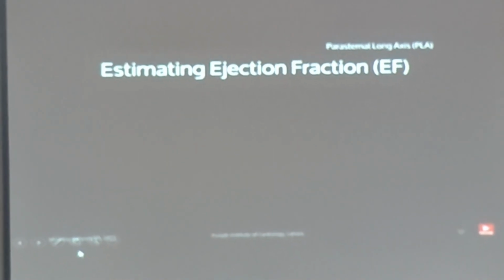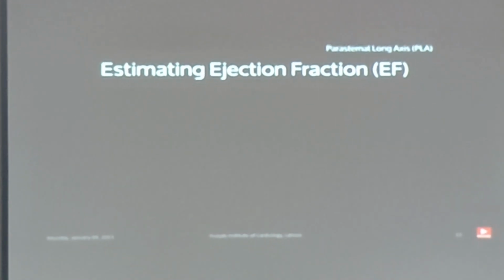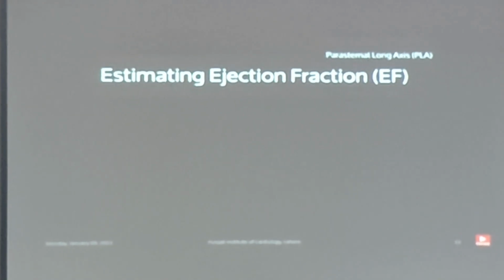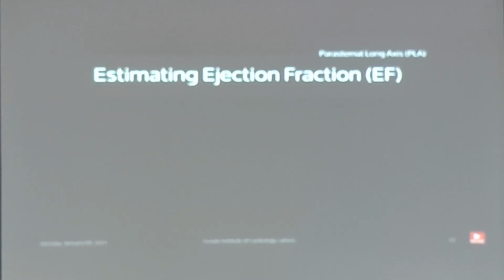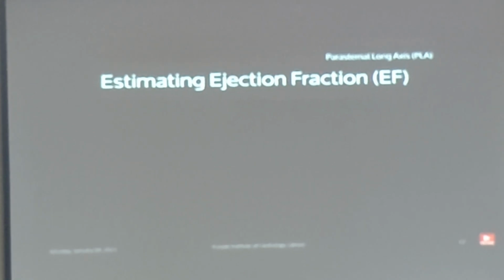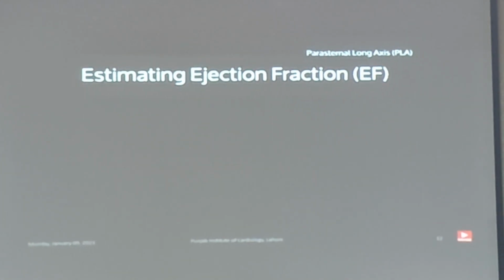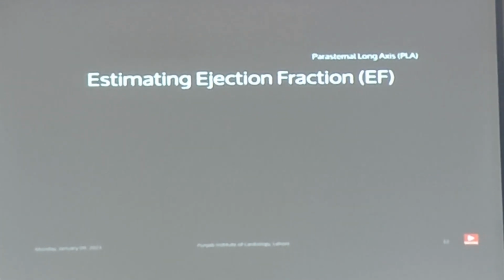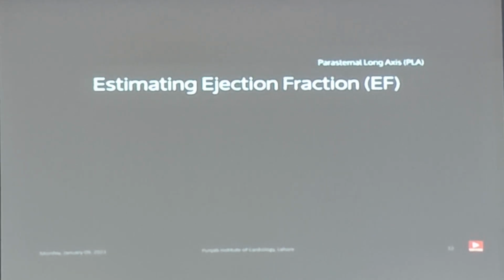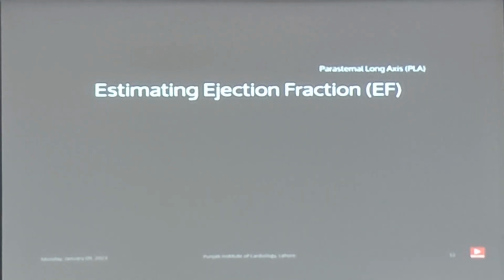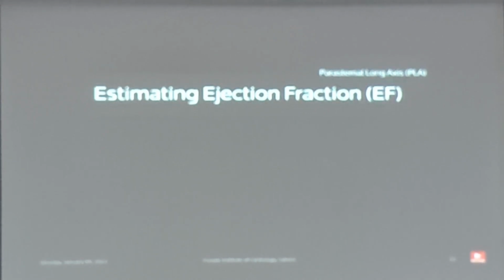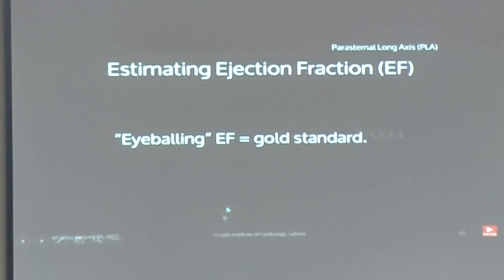Now, the ejection fraction, which is very important for us to look at. There are many methods for measuring the ejection fractions of the LV and RV. There is the eyeballing method, which is a gold standard.